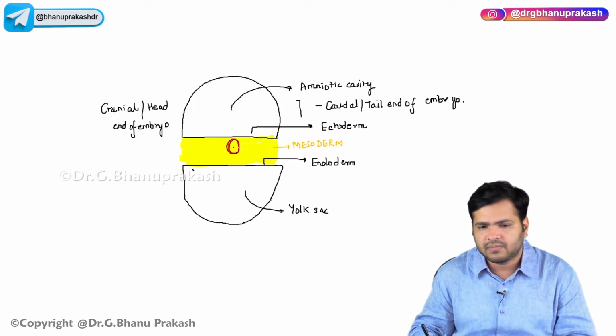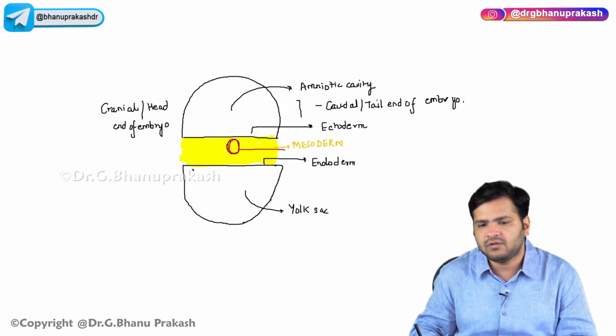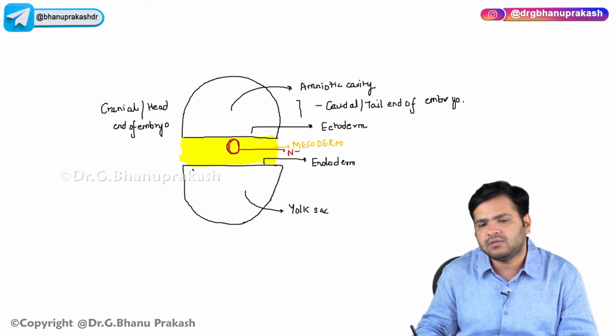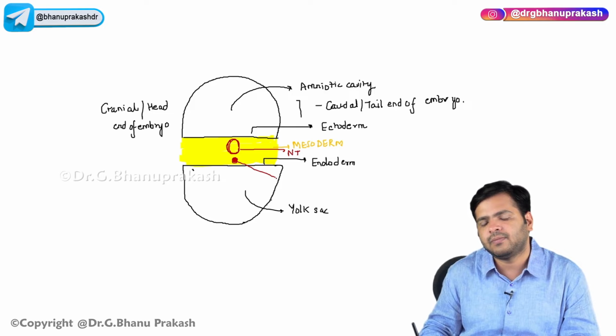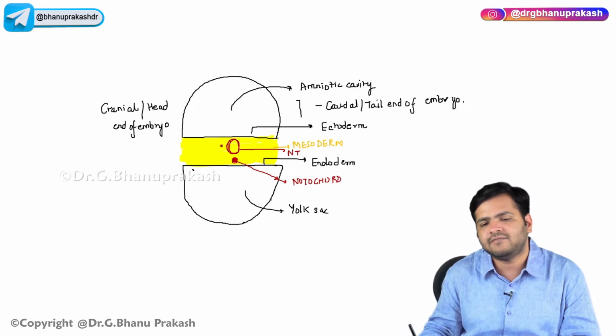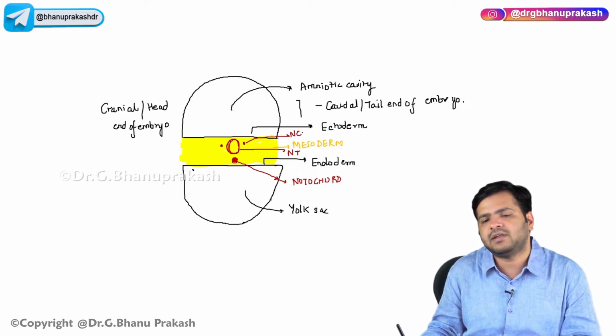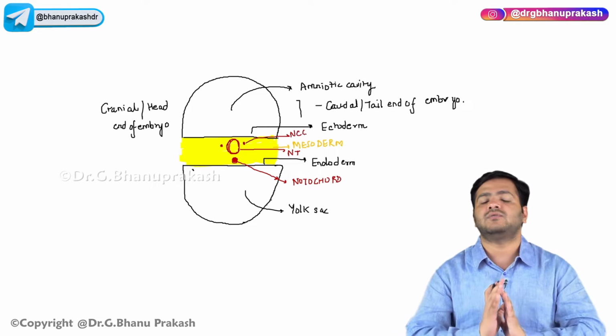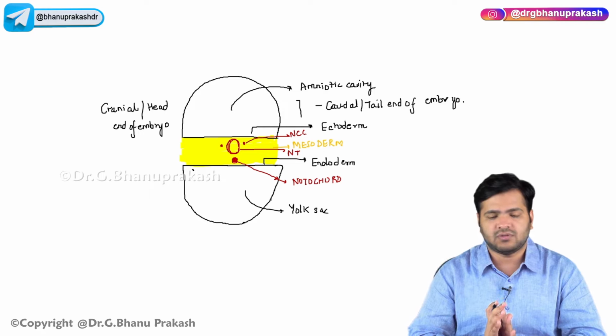Let me just write it over here. Yes, it is the neural tube. We have the notochord, and at the sides we have the neural crest cells. So in the mesoderm we already knew about this.